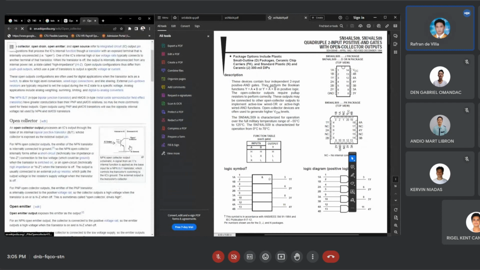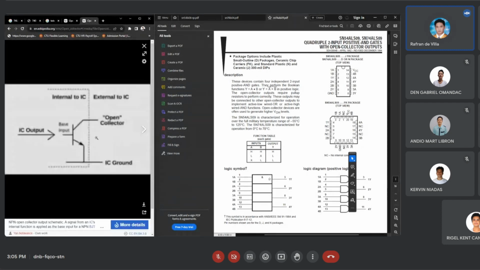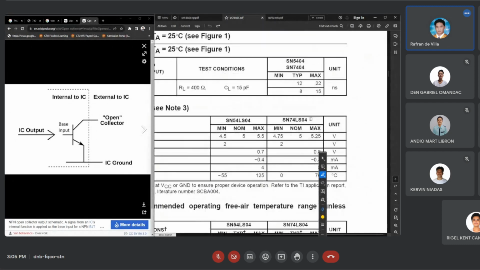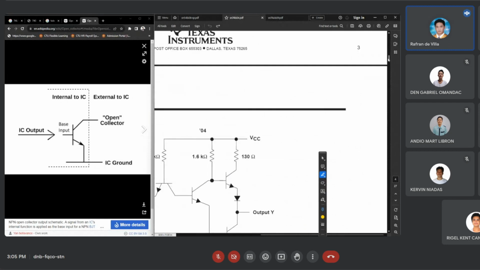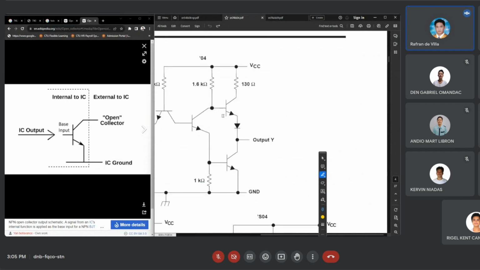In the open collector, if you look at this, there is no connected upper transistor, unlike the totem pole. What it has is only this portion, which generates the low signal by simply pulling any signal to the ground.